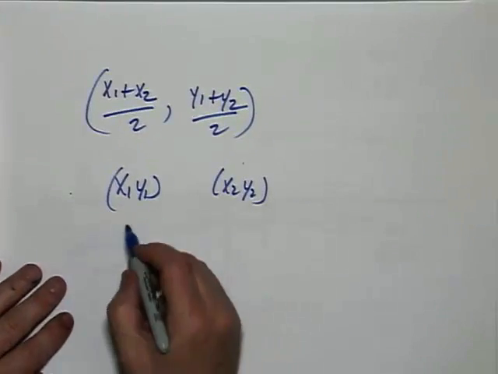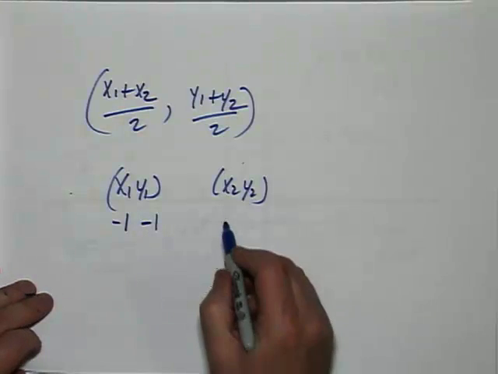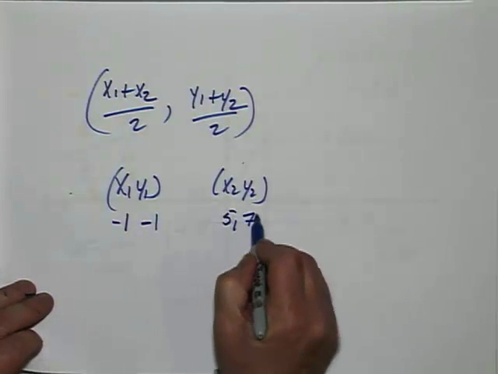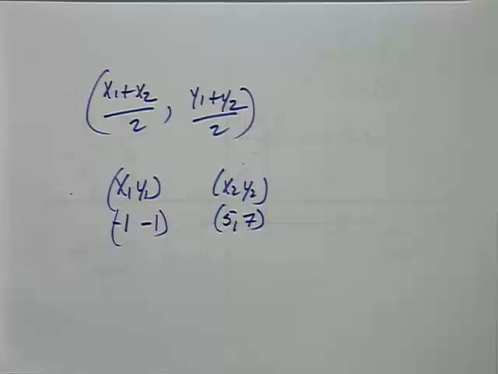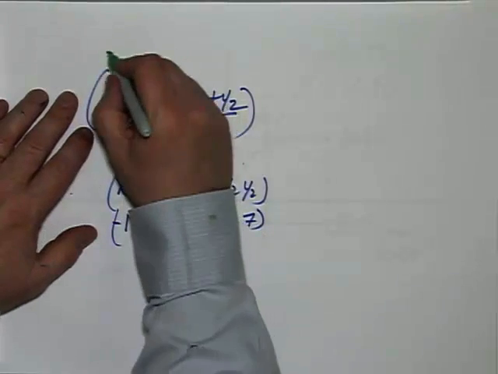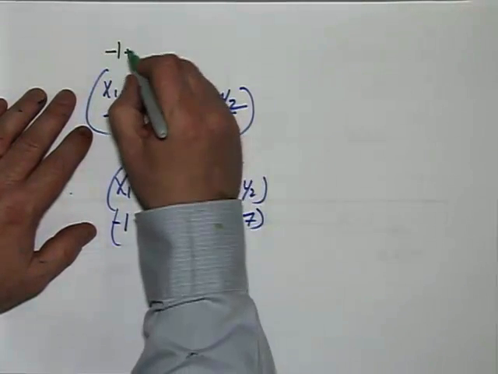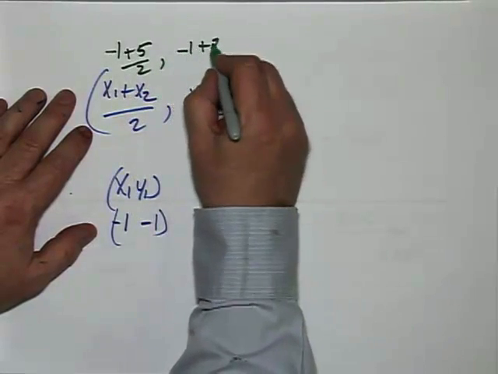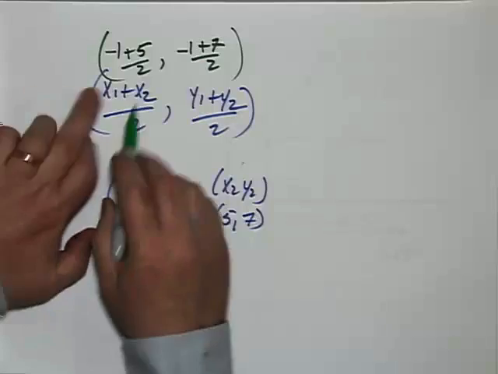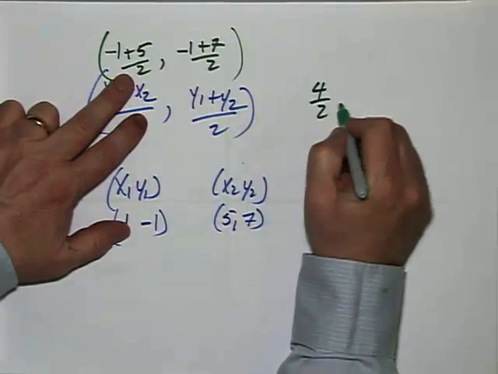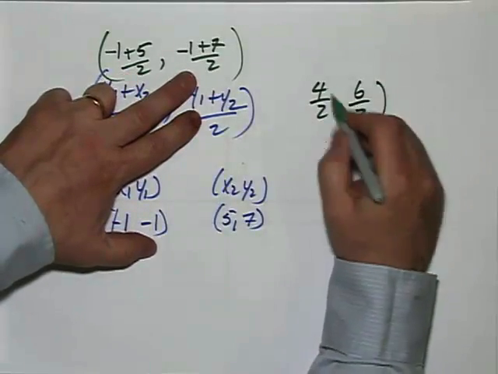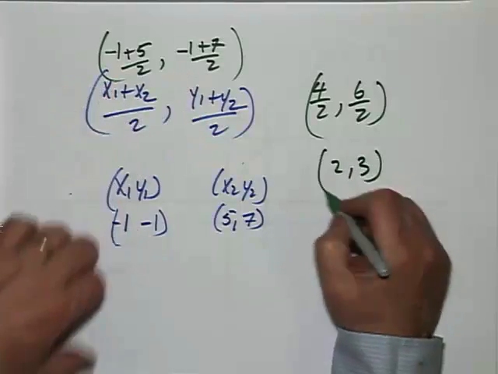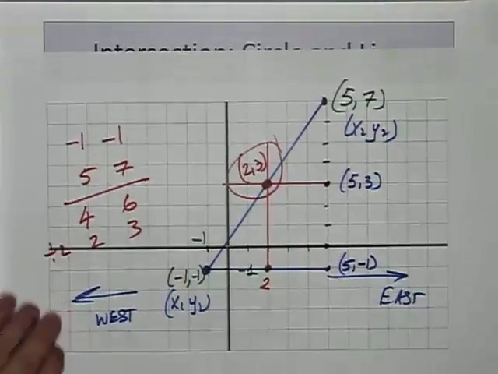You knew x1, y1 was minus 1, minus 1, and this was 5, 7. By plugging in the numbers, you got minus 1 plus 5 over 2, comma, minus 1 plus 7 over 2. That's 4 over 2, comma, 6 over 2, or 2, 3. So that's how you found it.